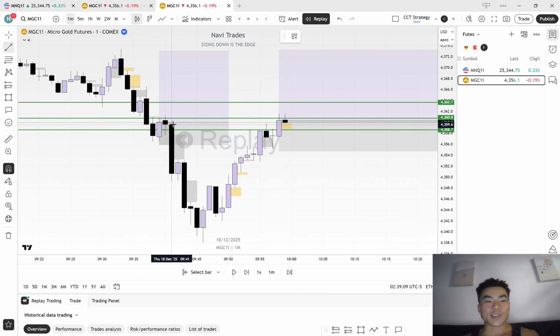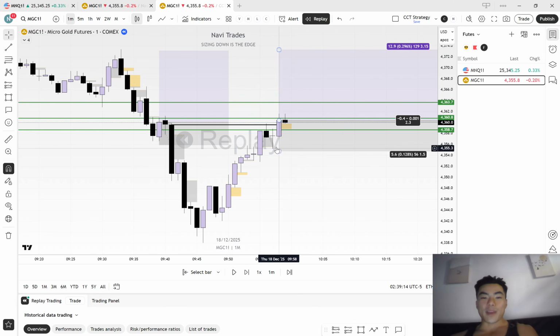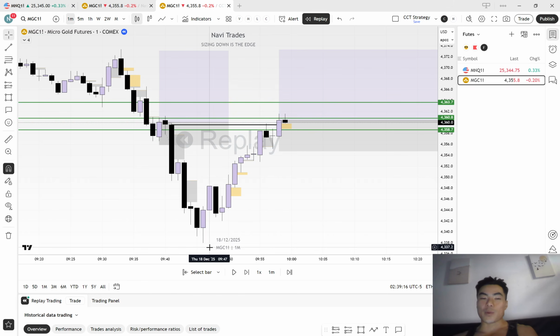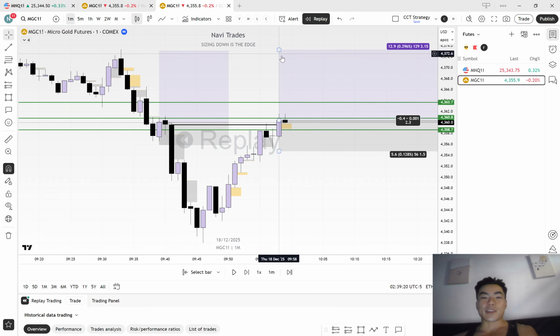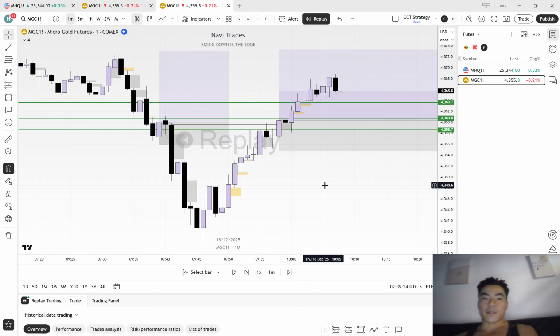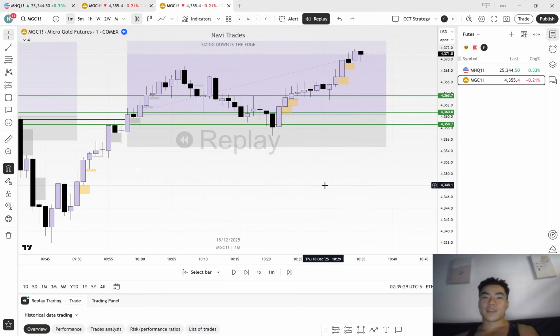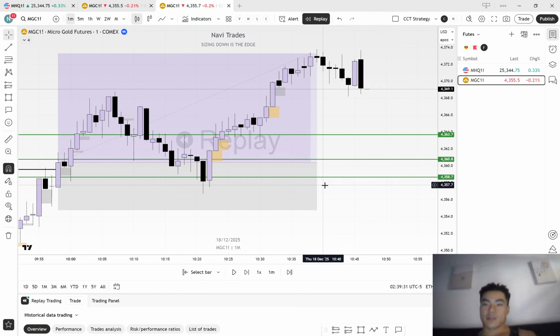So there's your change in state of delivery. There's your entry. Stop at this most recent wick. I wouldn't want to go down there because you get a bad RR, and then targeting that same high for 2.3R. And let's see, takes a while, but eventually we do get it. There you go.